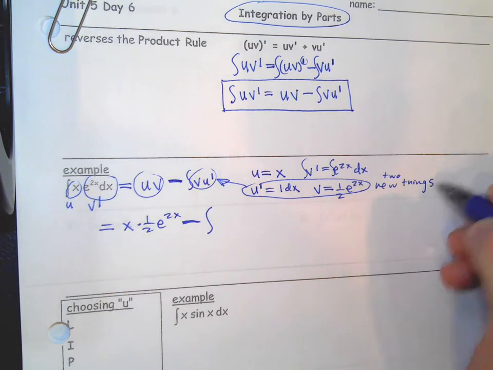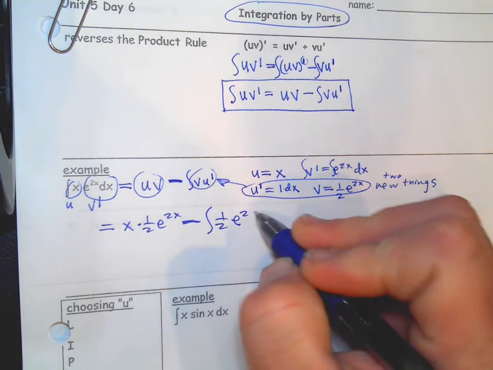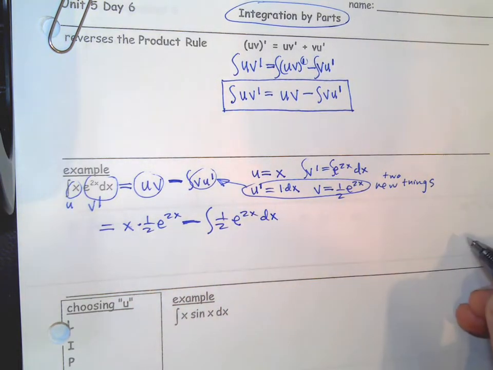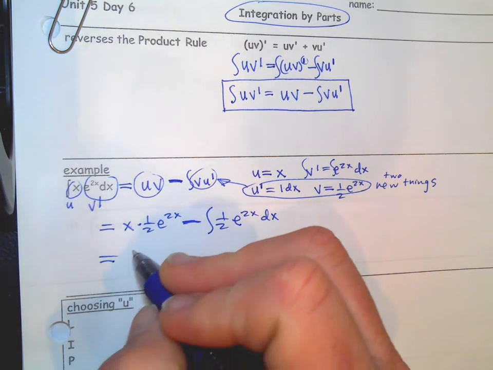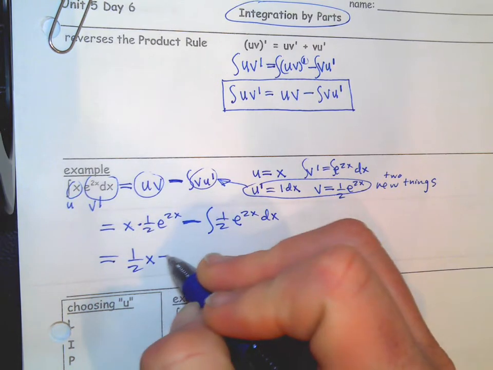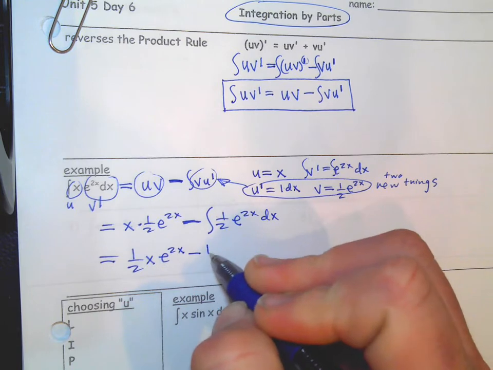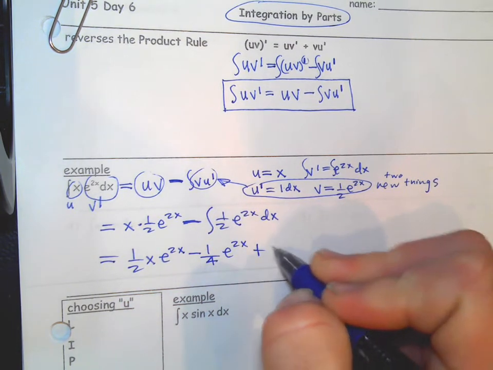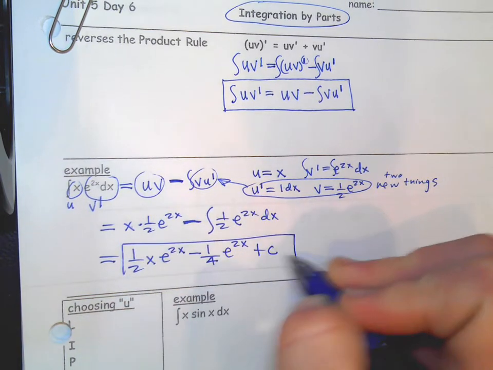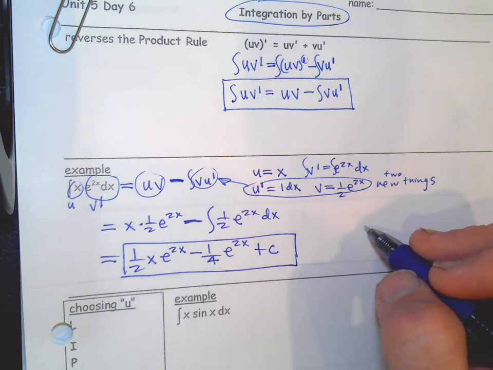So it's going to be the integral of 1/2 e to the 2x dx. One of them supplies the dx for you. Now we can rewrite this a little nicer: 1/2 x e to the 2x, and then we can actually integrate this, minus 1/4 e to the 2x plus c, of course. Always plus c at the end for indefinite integrals. That's how you do it.